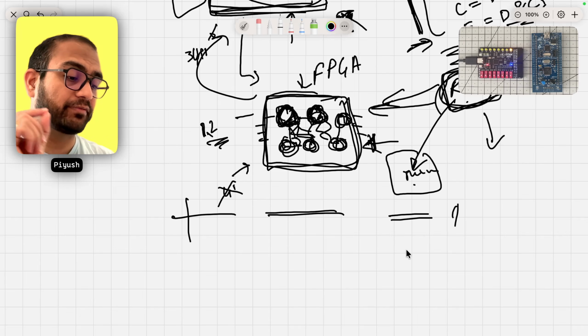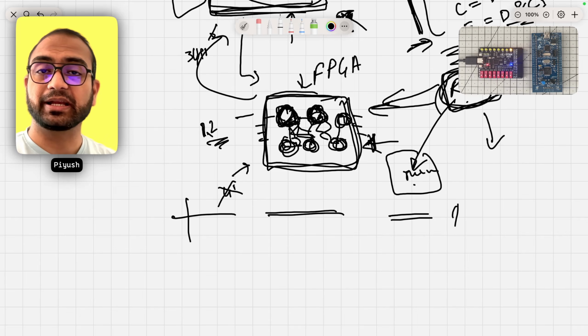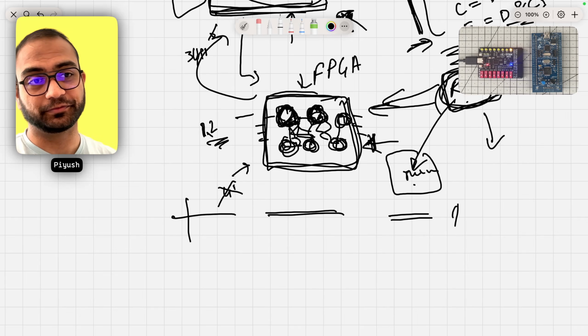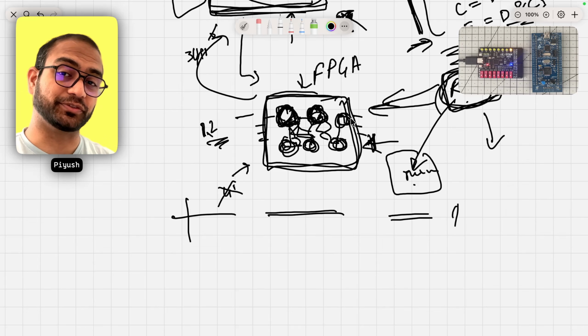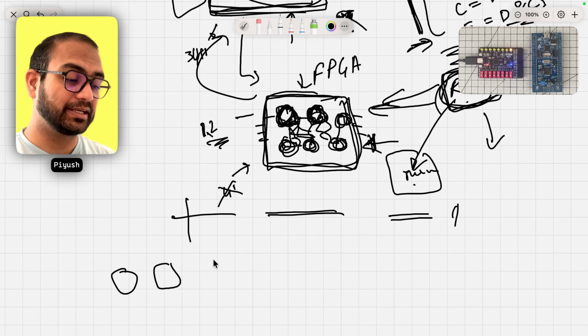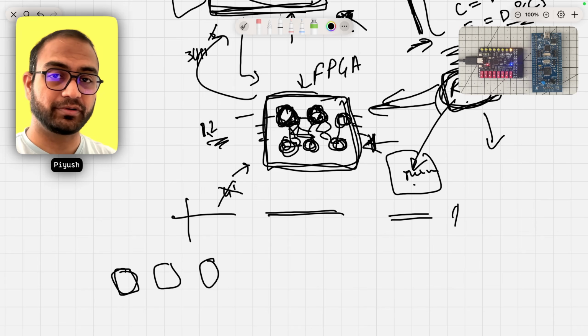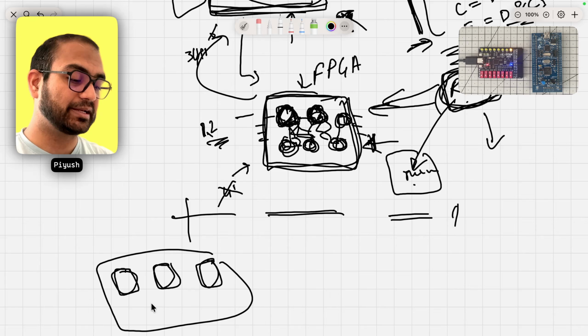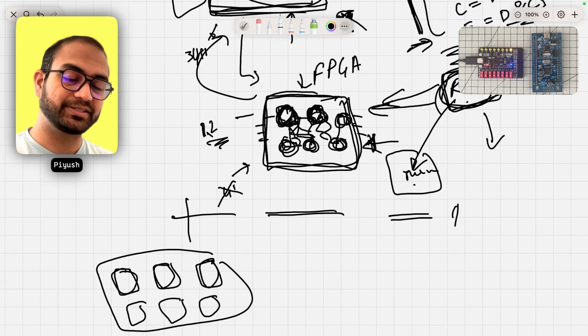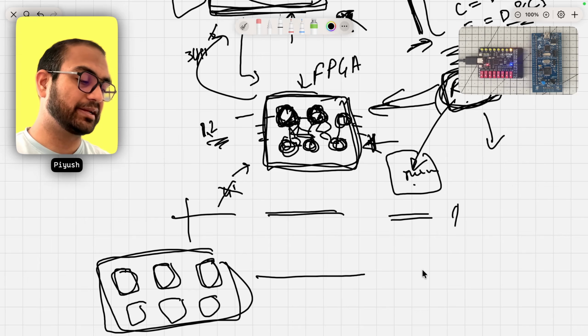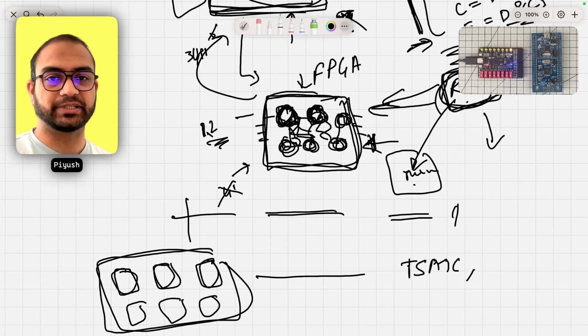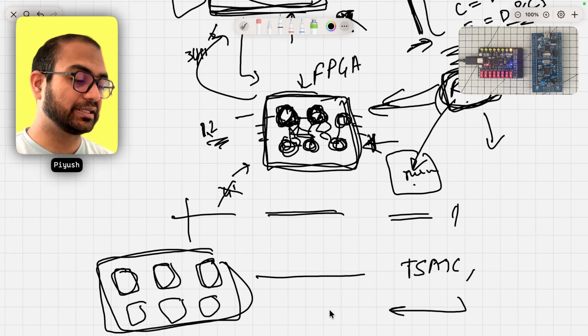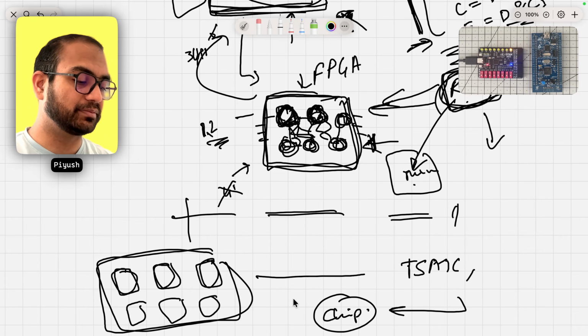The final thing: much like how someone architected the CPU, someone has to architect the FPGA also. So people design the FPGA, check it using whatever primitive tools they had back in time, and then they said, okay, let's take this building-blocks kind of design and send it over to, again, the fabs, TSMC, Intel, Samsung, whatnot, and have them send us back a chip, and this chip is the FPGA.